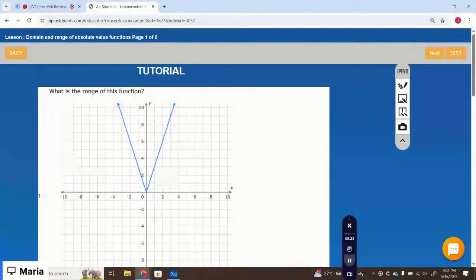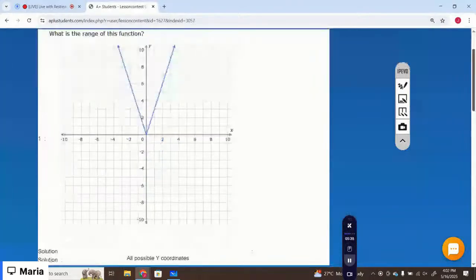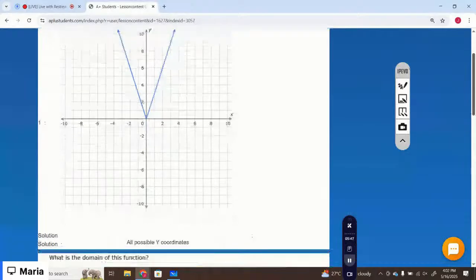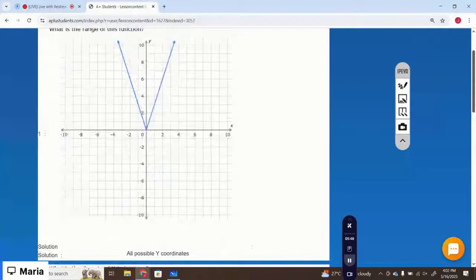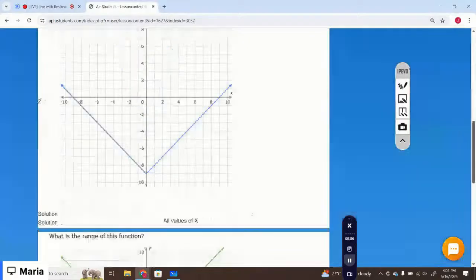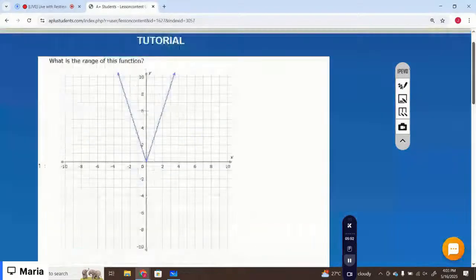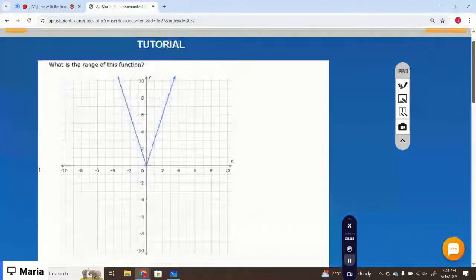What is the range of this function? We are given a function. We need to find the range of the function. All the possible y values, right?